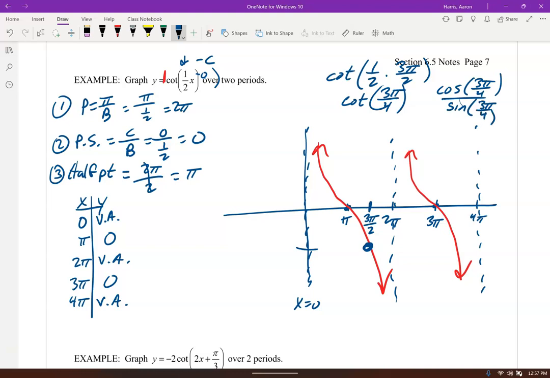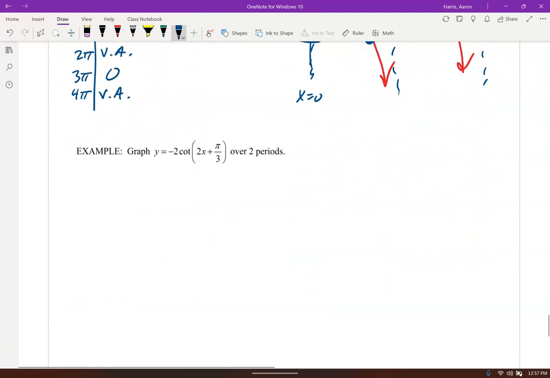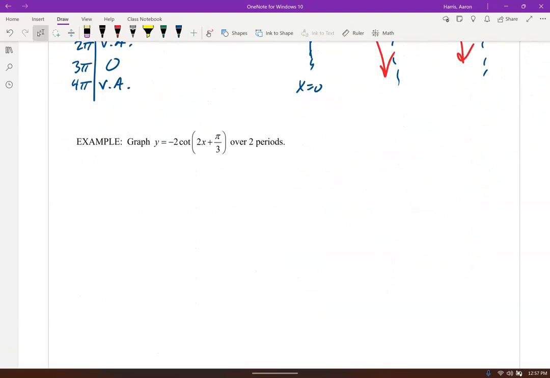Well, the cosine of 3 pi over 4 is -√2 over 2. Sine is √2 over 2, so see how we got -1 there. So 3 pi halves spits out -1, and that's kind of a nice graph over a couple of periods on that. And let's do one more here.